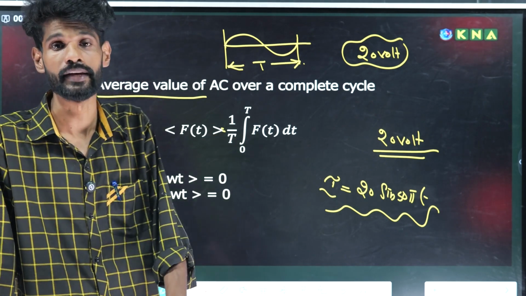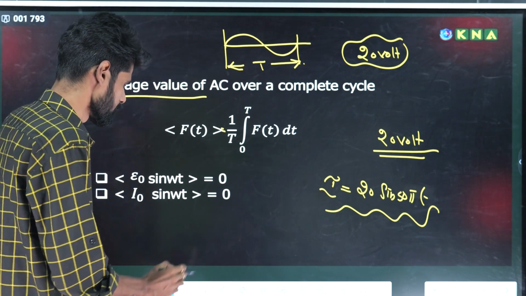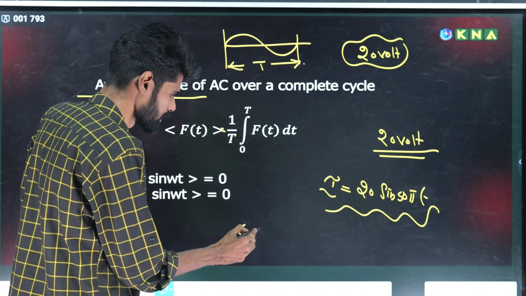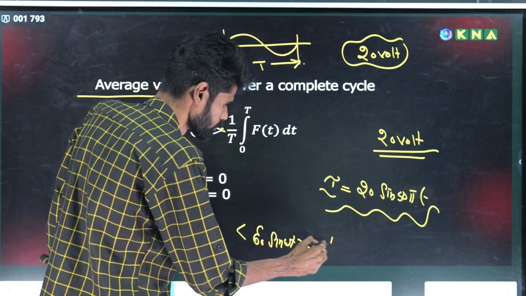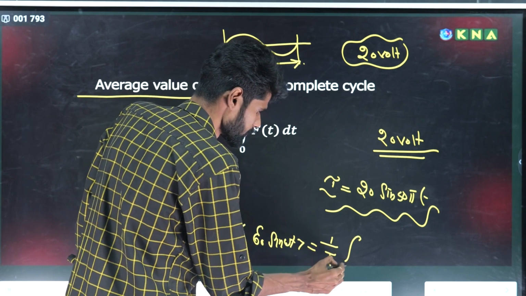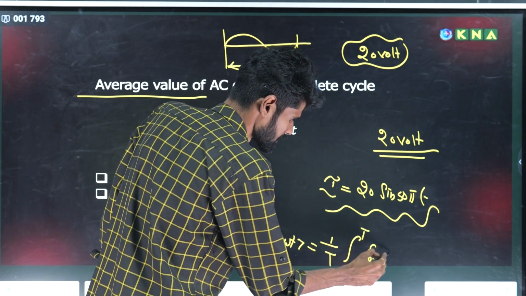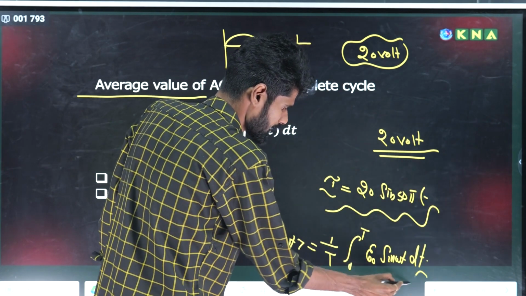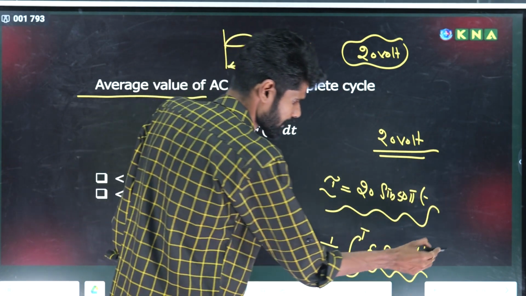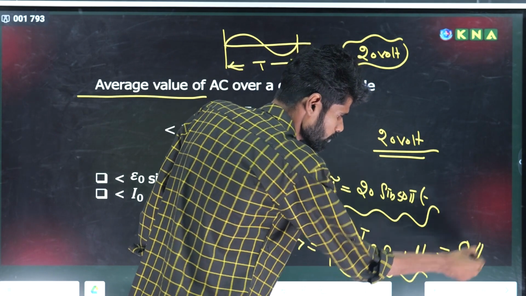That is the equation to find the average value of AC. Here the average value of E naught sin omega t is equal to 1 by T integral 0 to T E naught sin omega t dt. While integrating, you get that it is equal to 0.